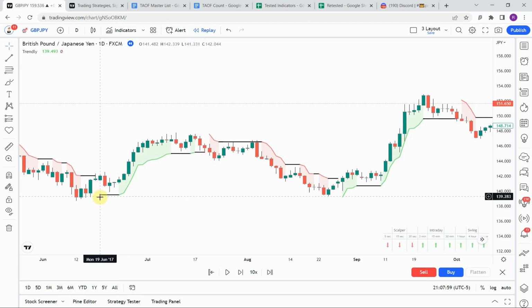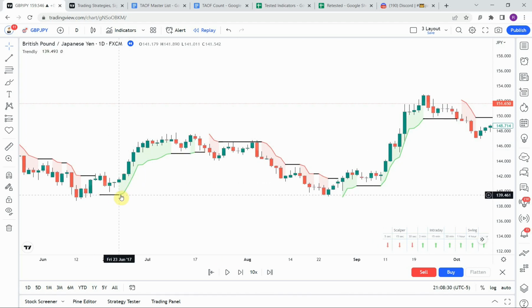What we are looking for is, first and foremost, when the indicator jumps to above price or jumps to below price, we are looking for the indicator to be either red or green when that takes place. If it's red, that is a signal to go short. If it's green, that's a signal to go long. If it jumps above or below price action and it is in the black coloration in the straight line, then we will wait for it to switch colors to red or green.